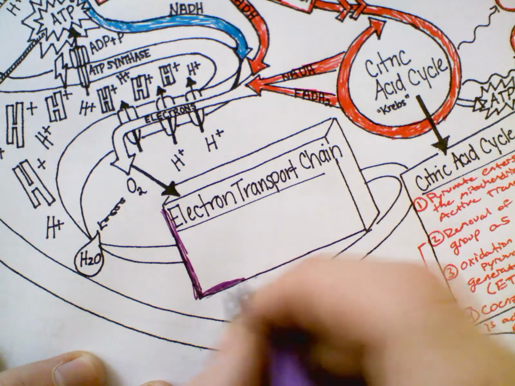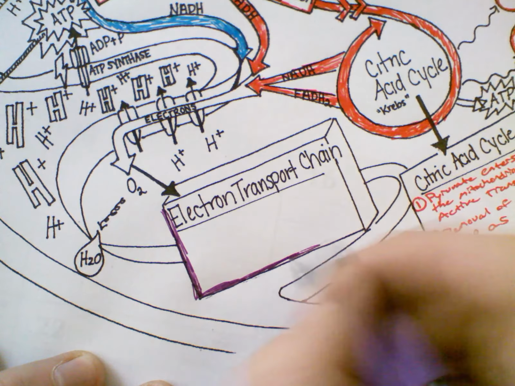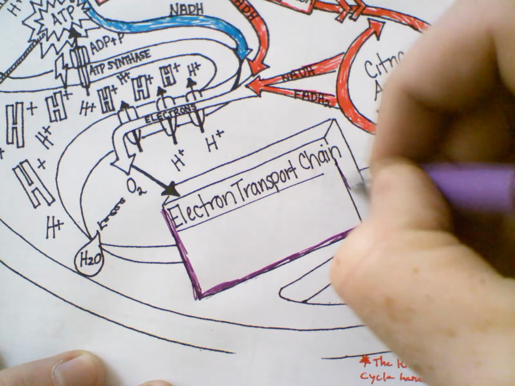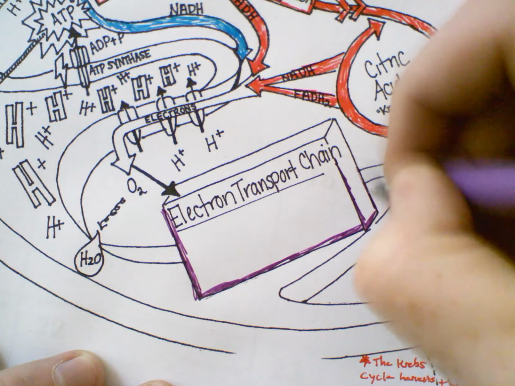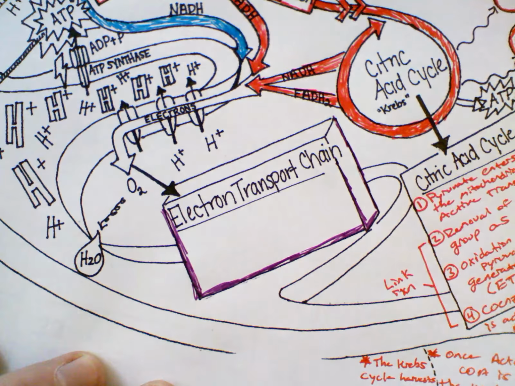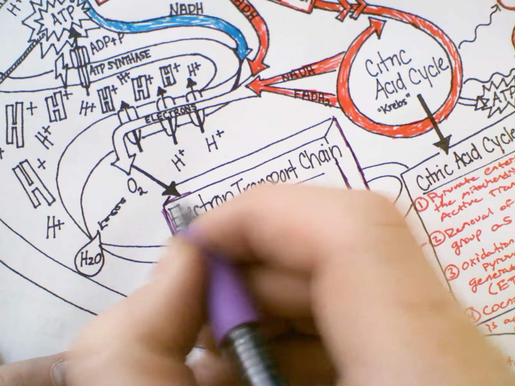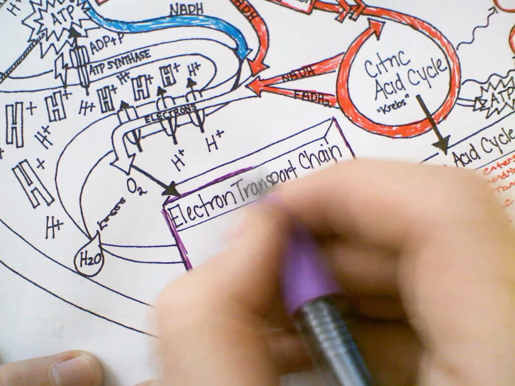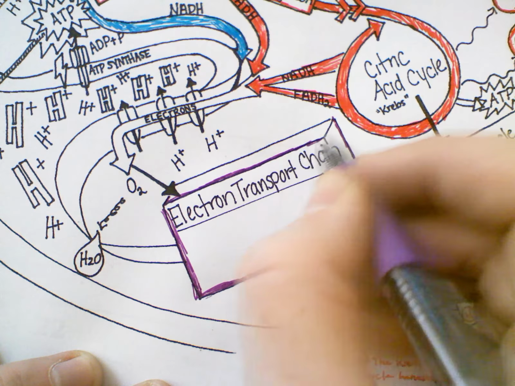We're going to have to pick up the pace a little bit here because we're running out of time. Last part, it says the Krebs cycle harvests. Who am I talking to right now? Sasha.